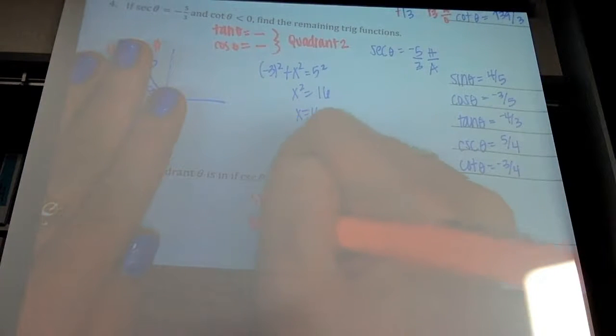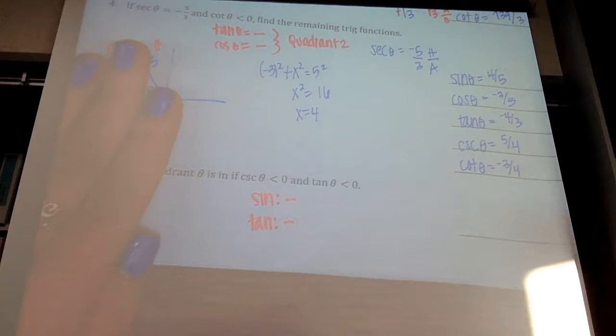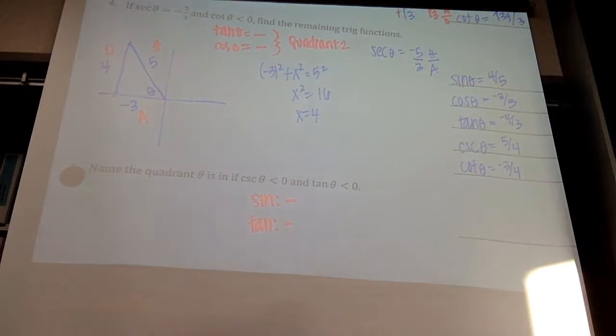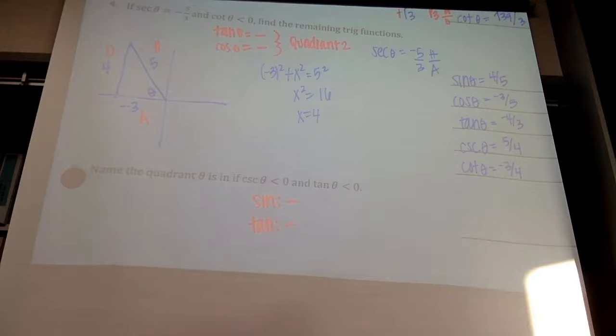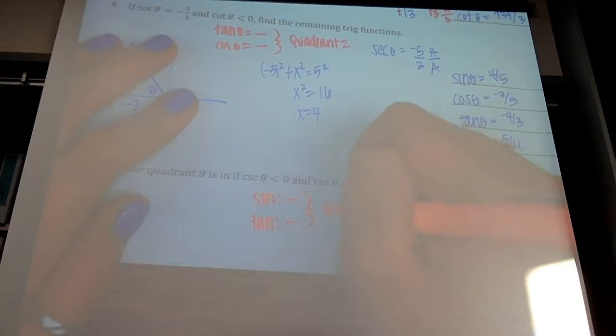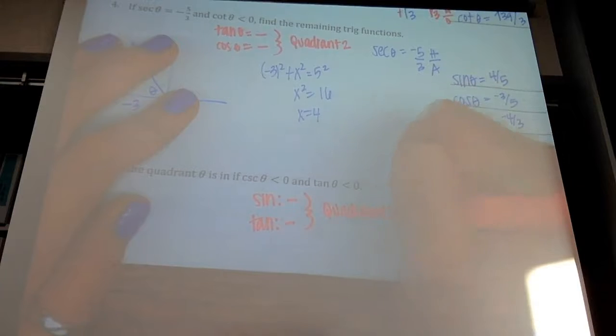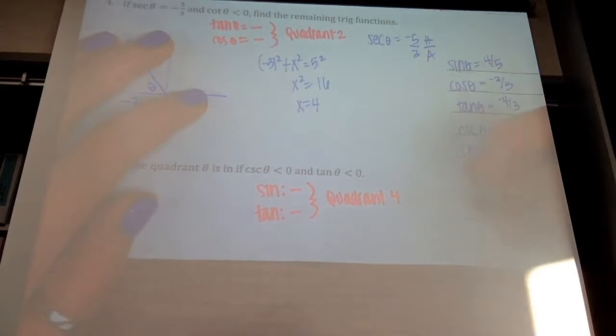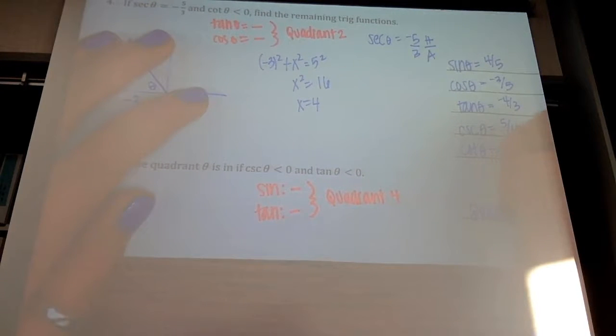And then tangent is less than 0, so it's negative too. So we have to think, okay, what quadrant is sine negative in and tangent negative in? And so that is in quadrant 4. I guess I could have written it on my answer line. So quadrant 4.